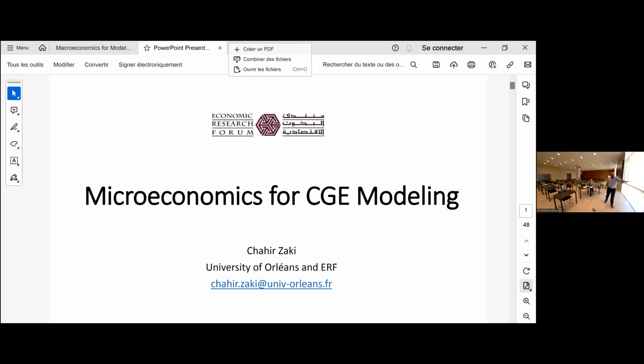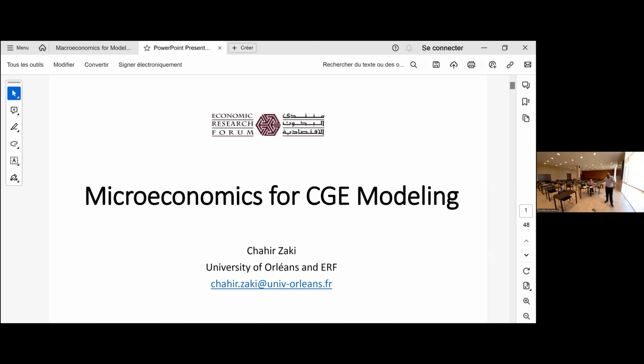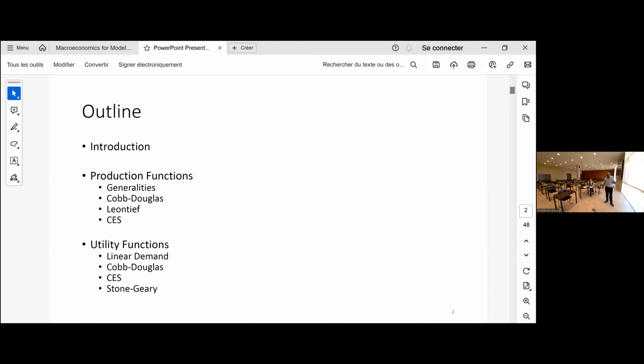Okay, it's the microeconomics of the CGE. What we have to see is principally 2 aspects: the production function and the utility function. It's the main part of a CGE model. We have trade also, but for this session today, because we are not in an open economy, we will look tomorrow at the model; it's a closed model, and we have to look at the fundamental microeconomic aspects behind a CGE model.